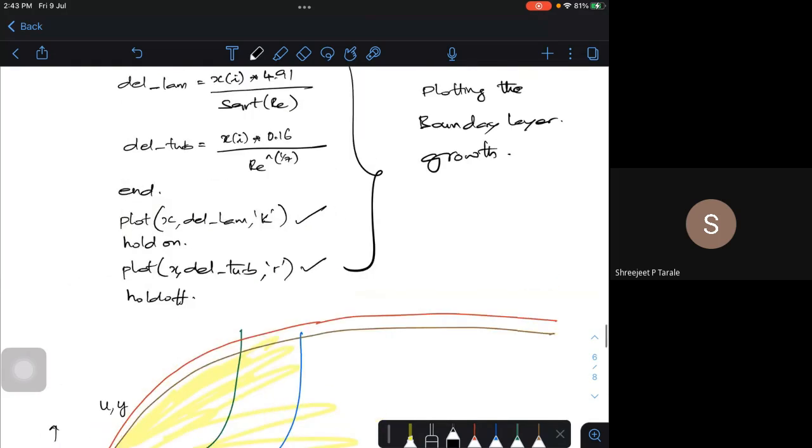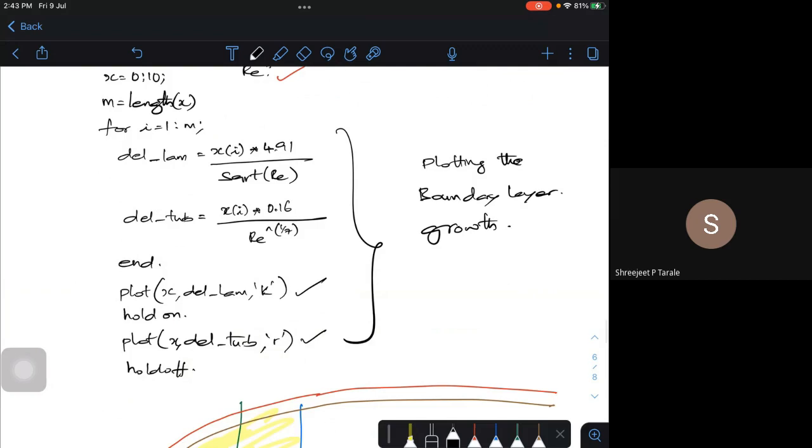What is this delta? You look at this delta. From this, you have your delta laminar and delta turbulent. Laminar velocity in meters per second, turbulent velocity in meters per second.